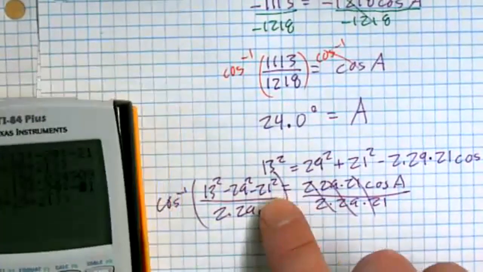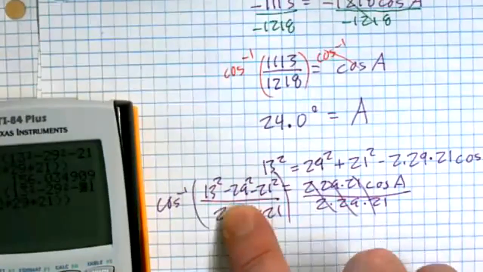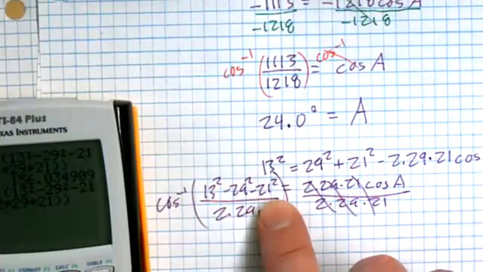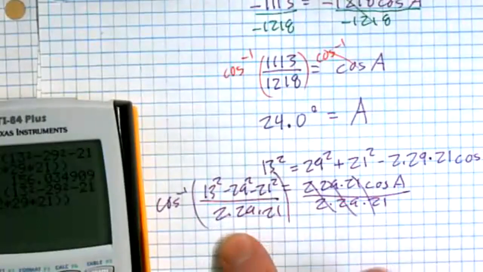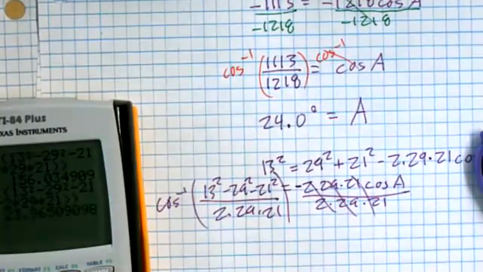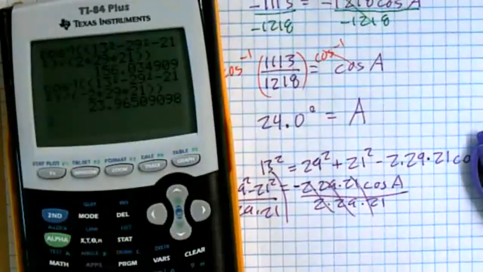Oh, it should have been 21 squared. 13 squared minus 29 squared minus 21 squared. 2 times 29 times 21. Okay, maybe this doesn't work. Oh, it was negative. I lost my negative sign right here. There we go. Yeah, I missed my negative sign. However you want to do it.